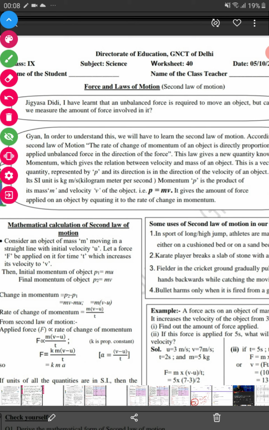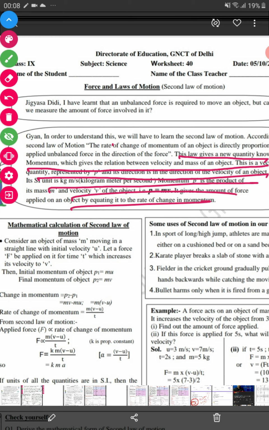You can write the answer: the law gives the quantity of momentum, which is the relation between the mass and the velocity. This is the answer of your last question, the fifth question.